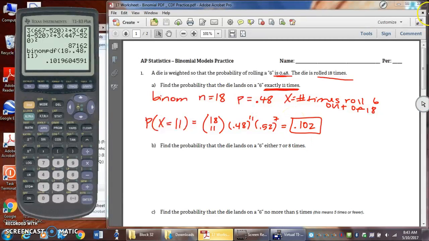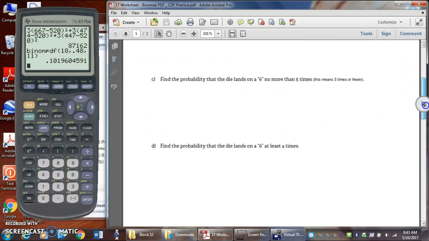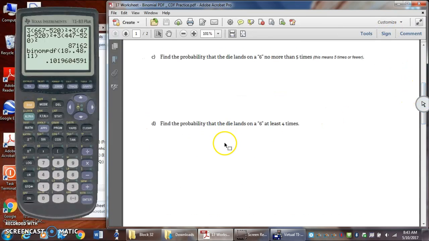So then I'm going to scroll down a little bit. Part B: find the probability that the die lands on a 6 no more than 5 times. That means we want the probability that x is less than or equal to 5. Same x, same n, same p as up there.